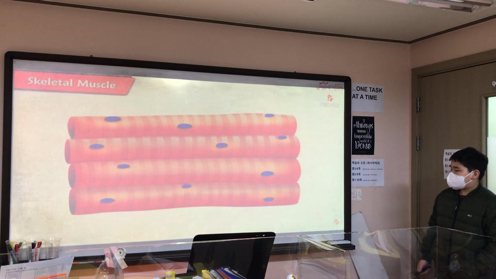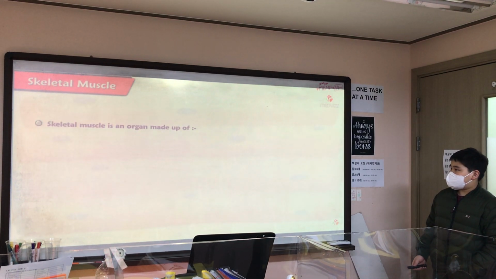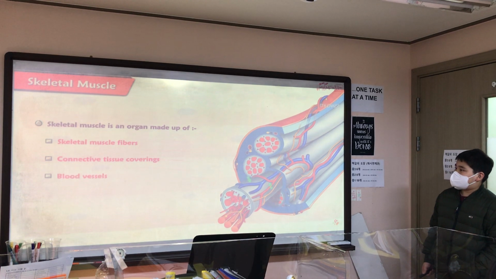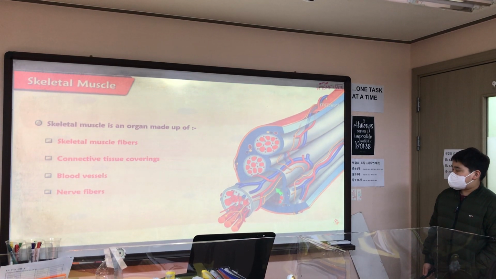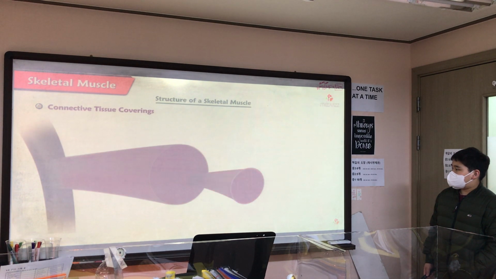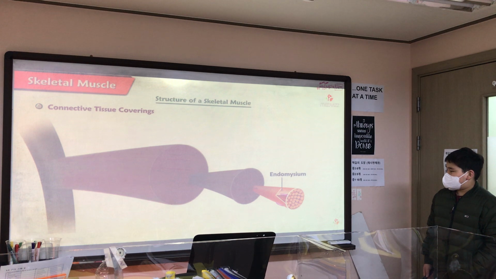Skeletal muscle. Each skeletal muscle is an organ made up of skeletal muscle fibers, connective tissue coverings, blood vessels, and nerve fibers. Structure of a skeletal muscle. Connective tissue coverings. Each muscle fiber of the skeletal muscle is wrapped in a thin, delicate layer of connective tissue called endomysium. Many muscle fibers are bundled together into groups called fascicles.